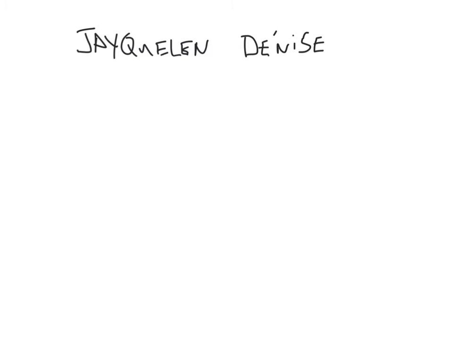So in this case, the tree diagram, we've got these two events. I'm going to ask Jaqueline, and then depending on what happens, I'm going to ask Denise. So let's start out here. Right here we go like this. We've got two possibilities. There is a 10% chance that she's going to say yes, right?